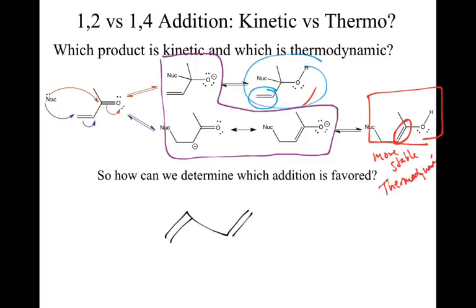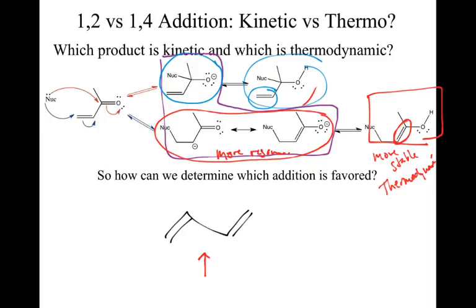We want to compare them and say which one is more stable than the other. If it holds to our butene or butadiene comparison, we would assume that the blue one is more stable. But we should immediately see we've got a problem, because the red one's more stable because it has more resonance. Well, how do we get the blue one to be a kinetic product?